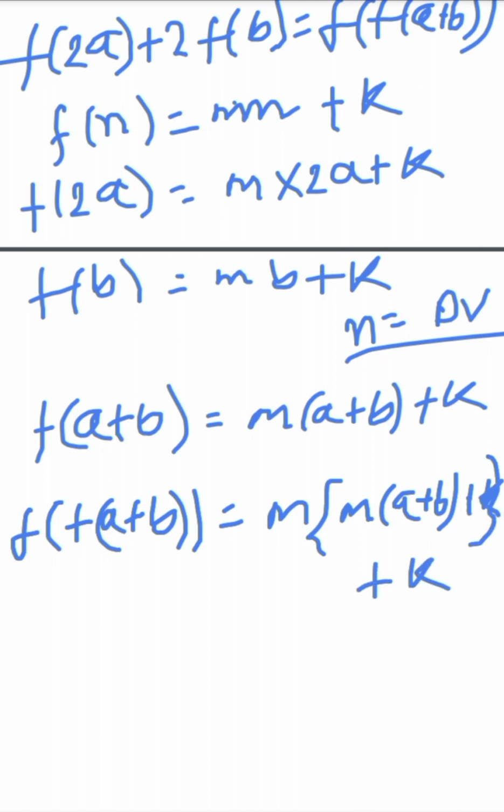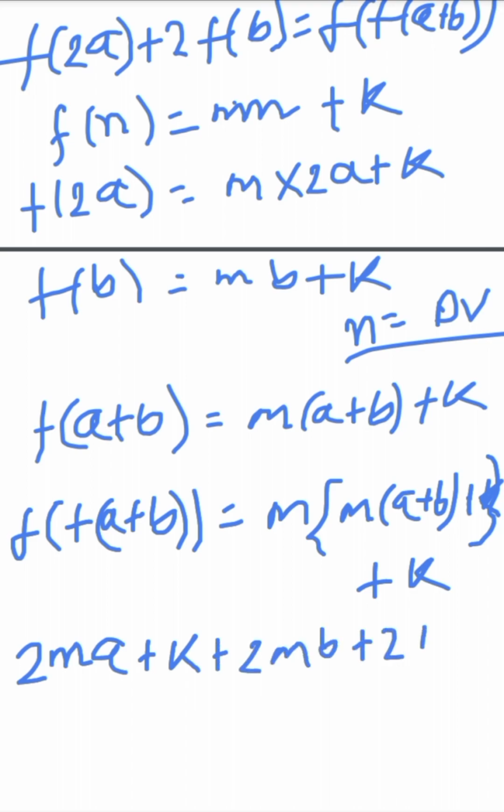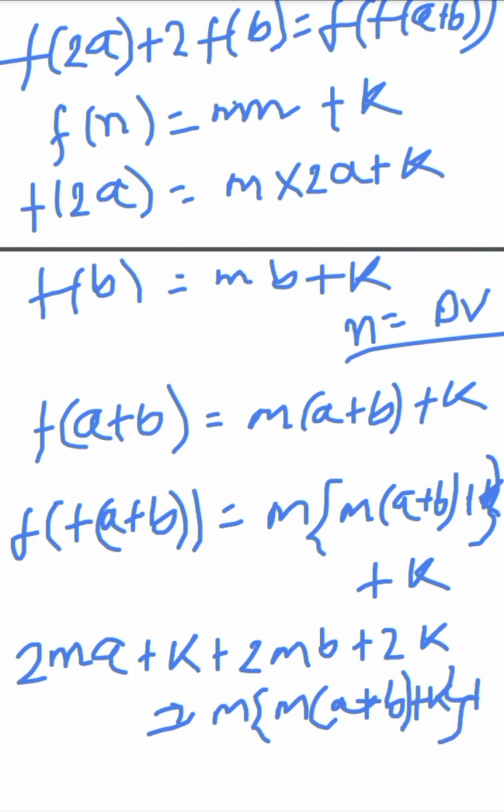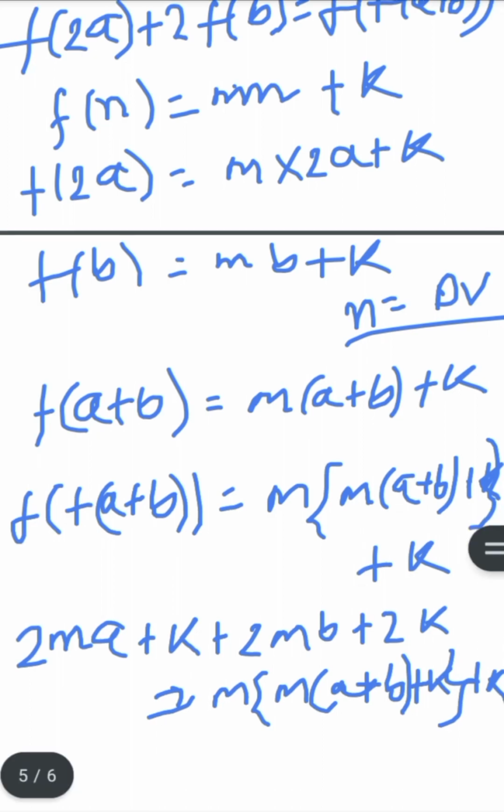So now we'll put these values in that equation. We'll get 2ma plus k plus 2 into f(b), that is 2mb plus 2k, and on the right side this is simply m(a+b) plus k.